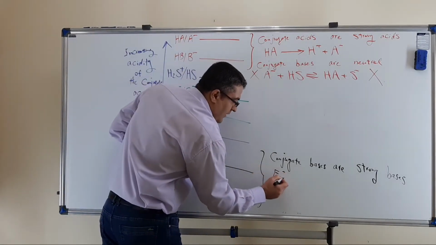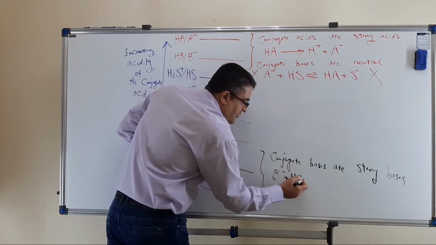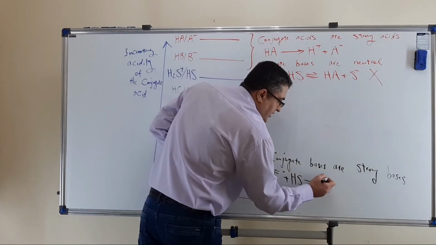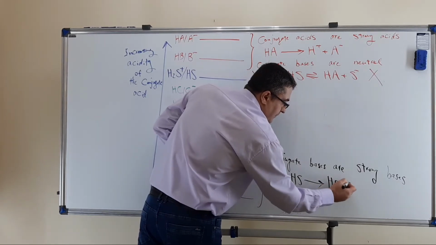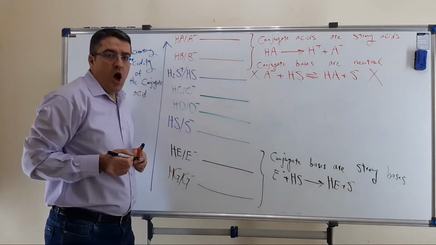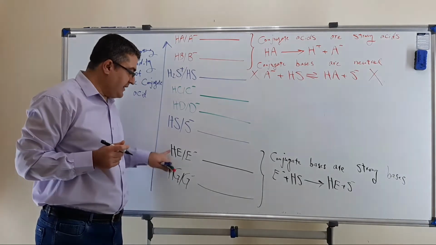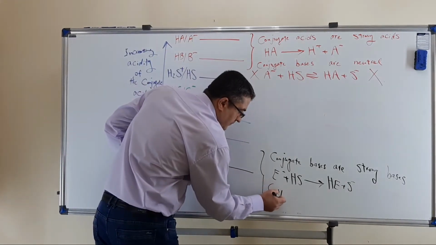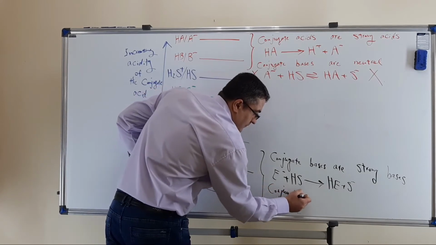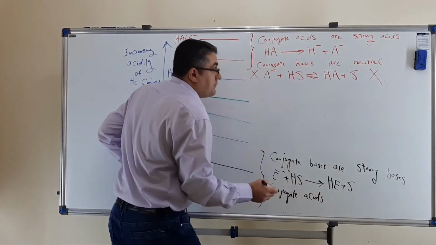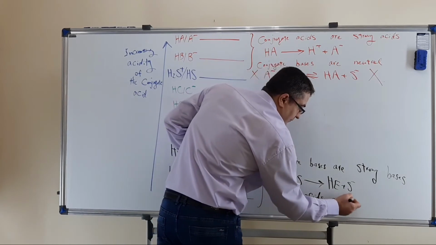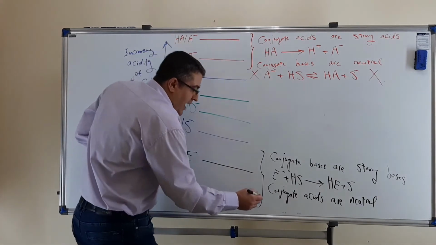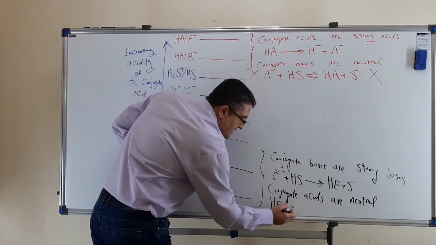For example, we assume that this reaction for the base E- is complete. On the other hand, we treat their conjugate acid as if they are neutral, and we don't consider acid dissociation reactions for them.